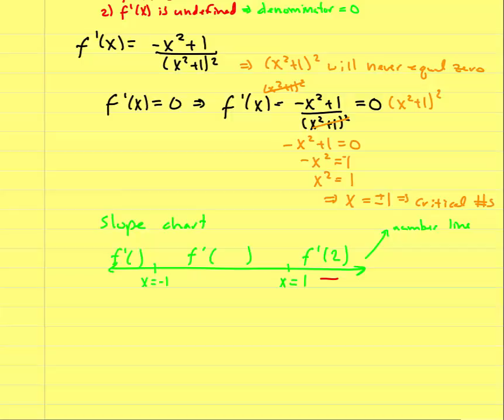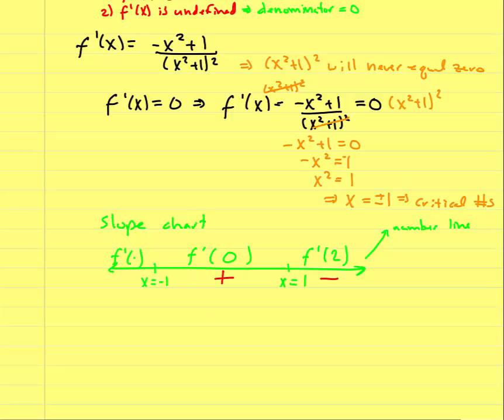Now I'm going to do the same thing between negative 1 and 1. The obvious one to plug in there is 0. If I plug a 0 in, it doesn't matter about the denominator on this problem because the denominator is always positive. My numerator is positive as well, so I have a positive over a positive, which is positive.